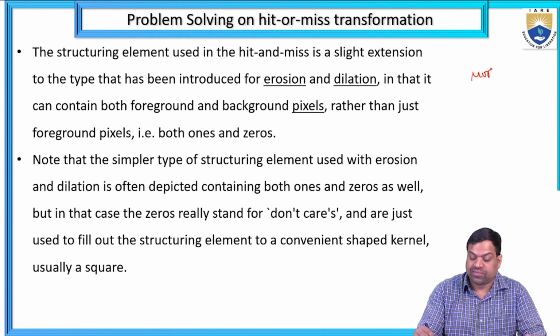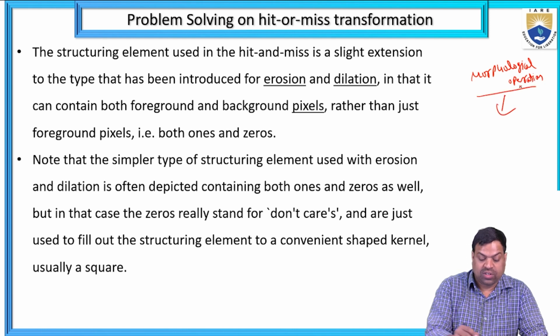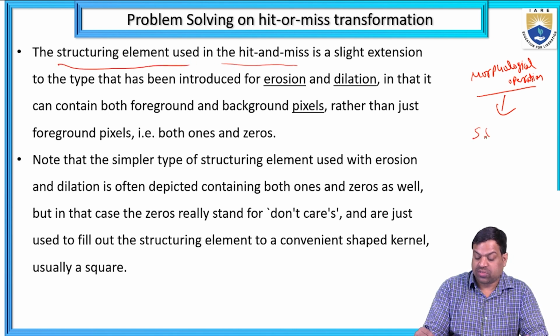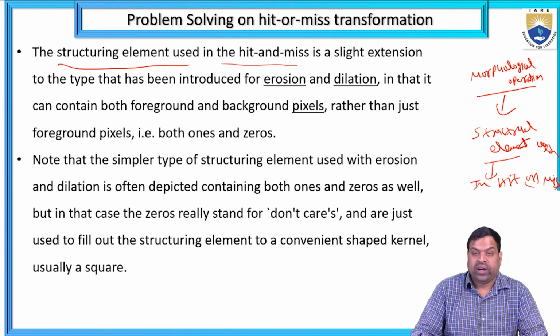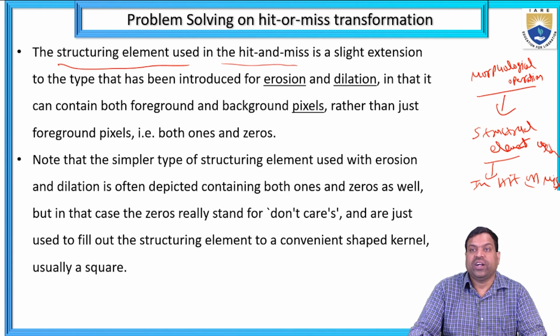Morphological operations: the structuring element used in hit or miss transform is slightly an extension to the type that has been introduced for erosion and dilation, in that it can contain both foreground and background pixels rather than just foreground pixels, that is both ones and zeros.